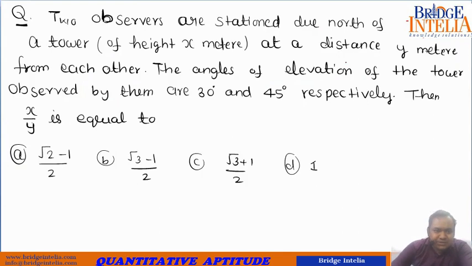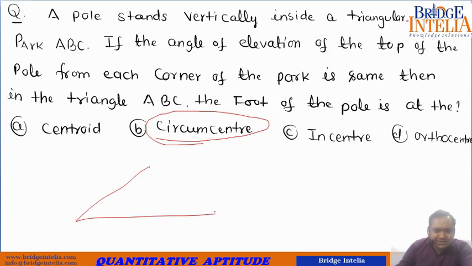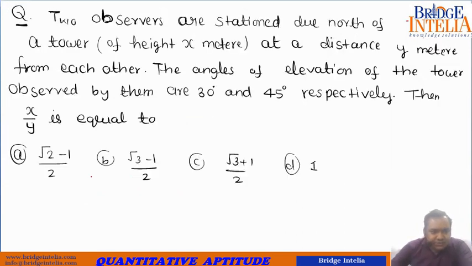So it is the property of the circumcenter that it is equidistant. So the answer would be circumcenter, because the circumcenter is equidistant from all the three corners. Okay, so now let's move to the next question.